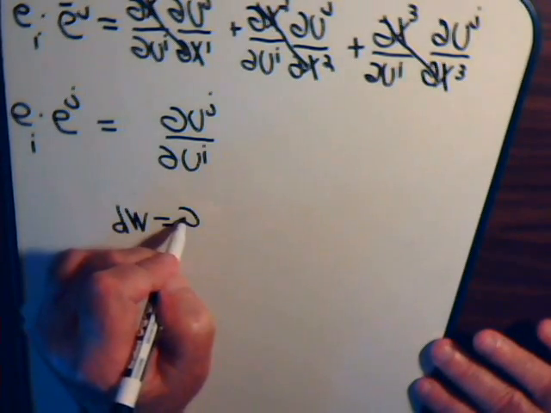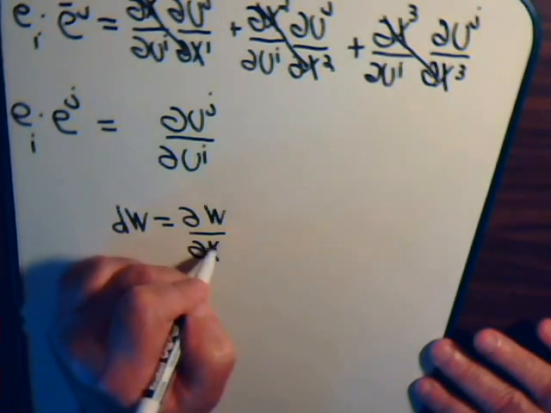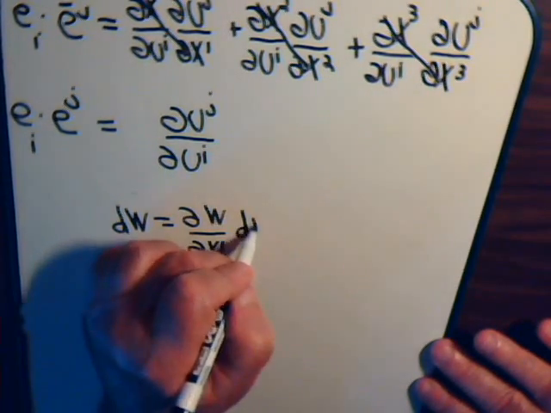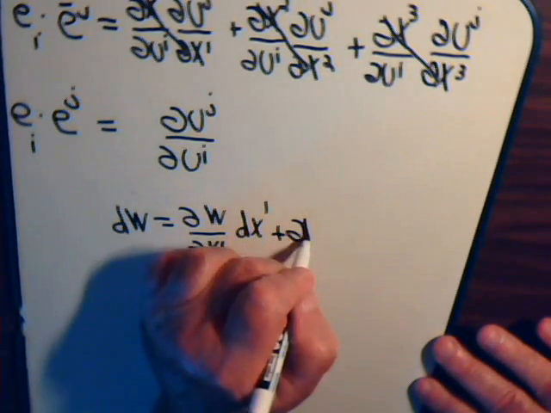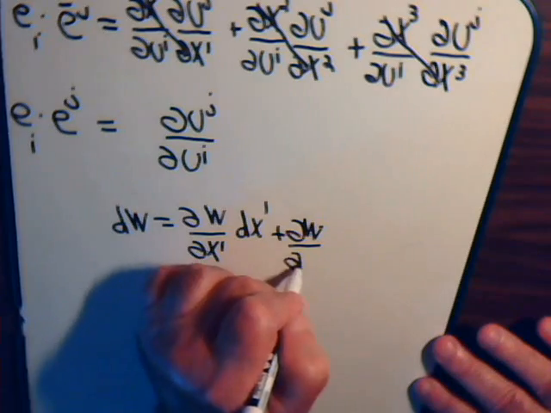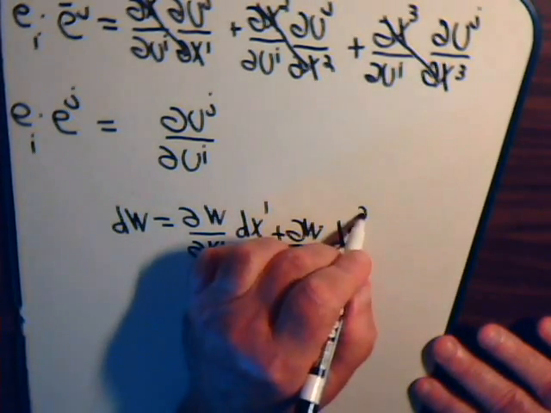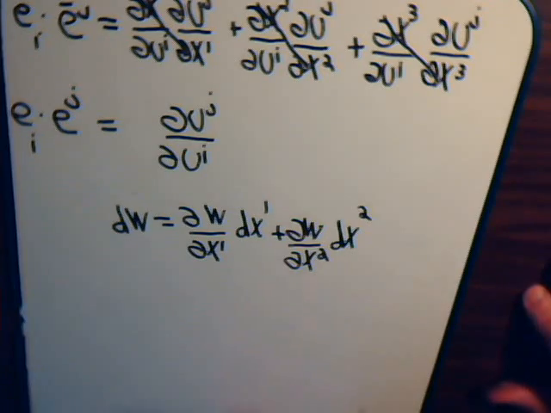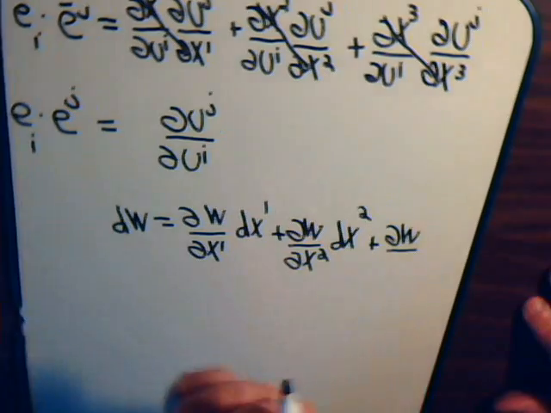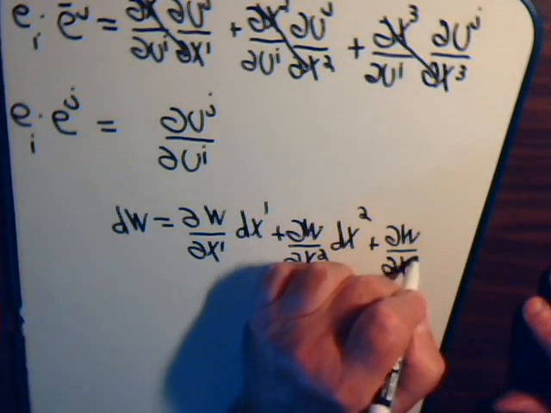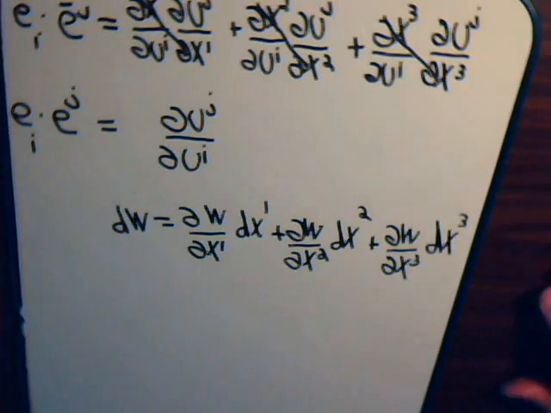That's equal to the partial of w with respect to x1 dx1, plus the partial of w with respect to x2 dx2, plus the partial of w with respect to x3 dx3.